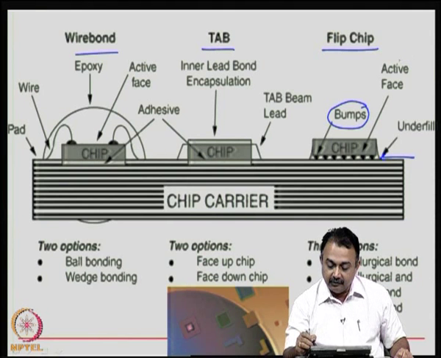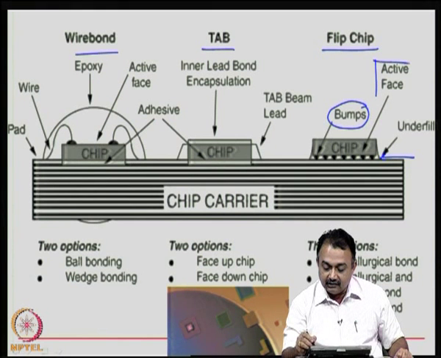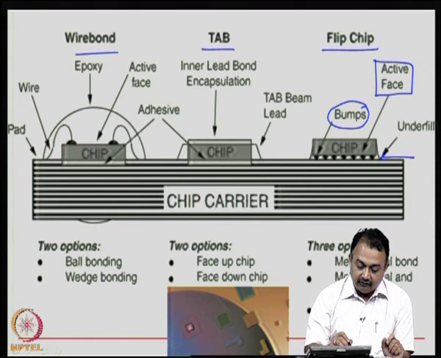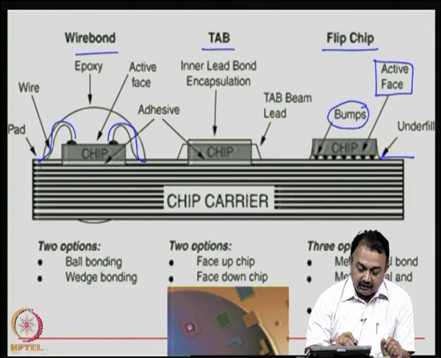You can see in flip chip the active face is down. Now, in the wire bond method the active face is on top, the wire bonding is done here like this. Then you can see that it requires a bond pad on the substrate, so that it can establish a connection.